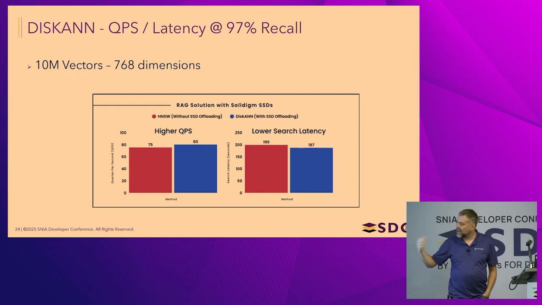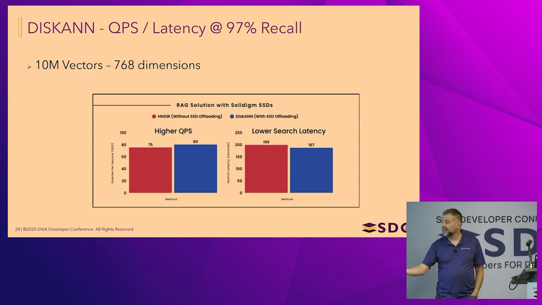So in this case, we have 10 million vectors at 768 dimensions. Those are the comparison between HNSW and DiskANN on both latency and QPS, right?